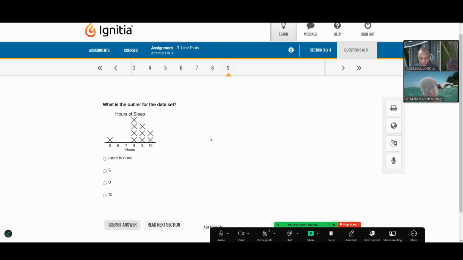It's there is none. No, that's not correct. Which number is farther away from the remaining? Check it, Miggy.